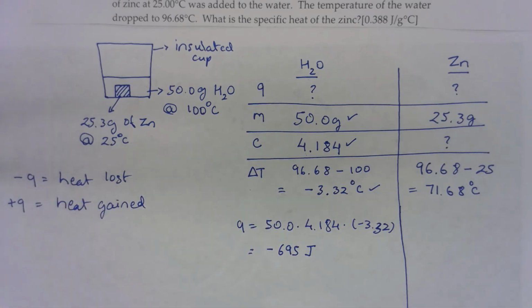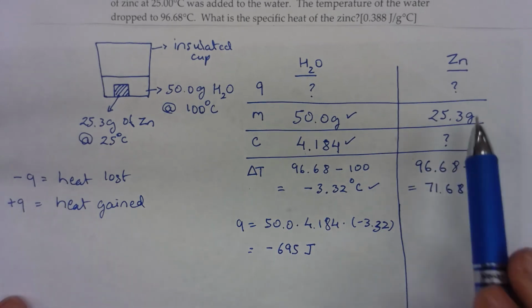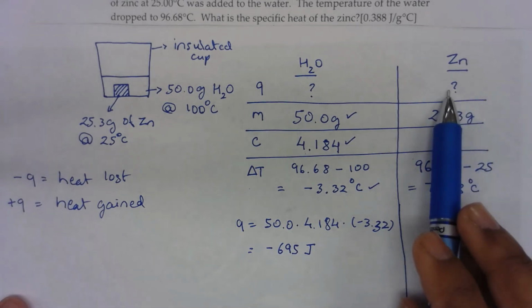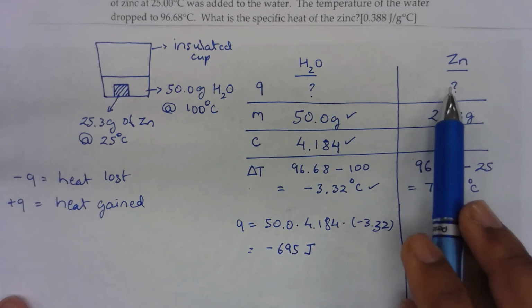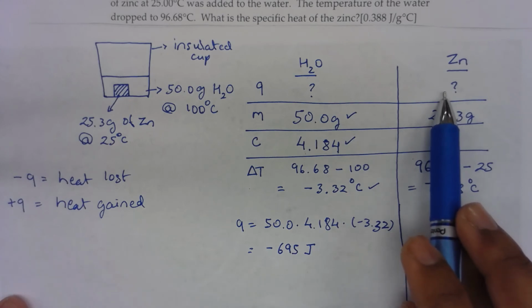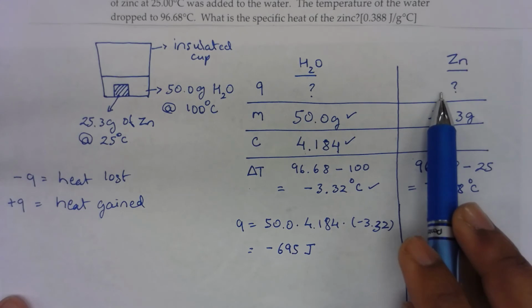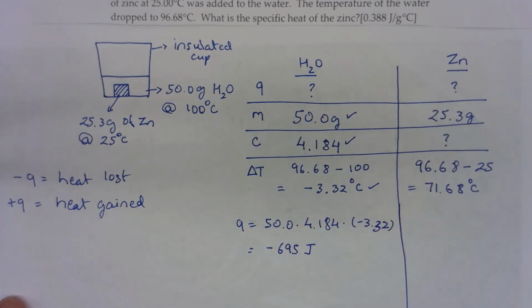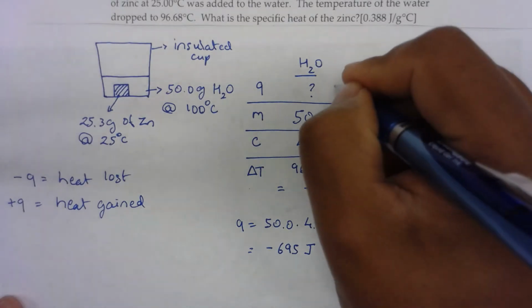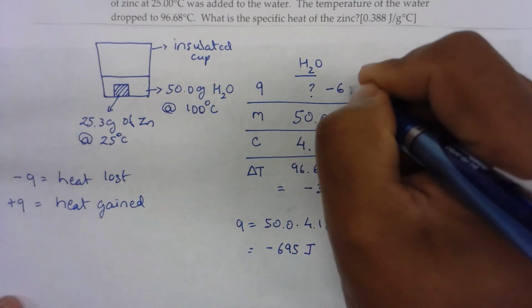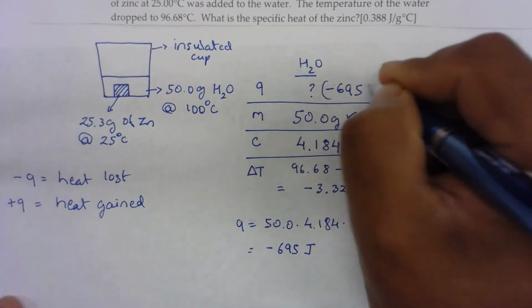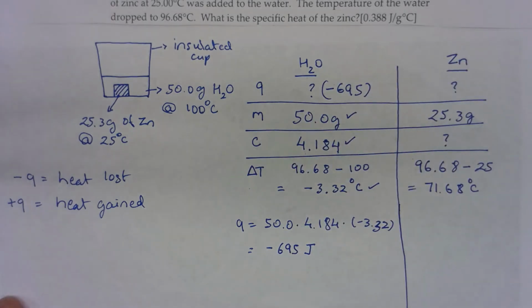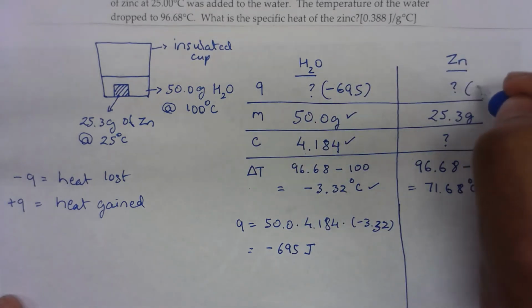Very good. So over here, did zinc lose or gain? Gain. Did water lose or gain? Lose. So this answer for water is negative 695. We'll put this in parentheses because we found it. It wasn't given to us. And we know that for zinc this is positive 695.